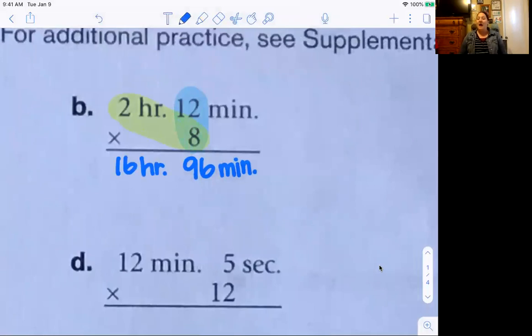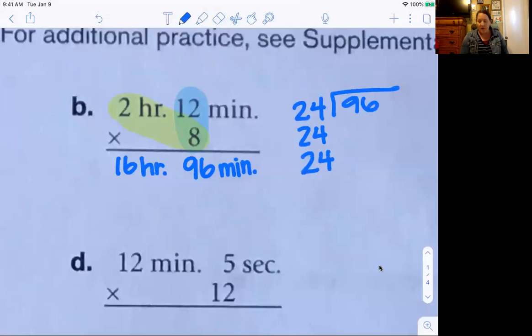Now, how many minutes are in an hour? 24. Now, our goal is to figure out how many groups of 24 we can get out of 96. So we could do 96 divided by 24, which works, or we can mental math it. 24 and 24 is 48, so we can keep going. 48 and 24 is 72.